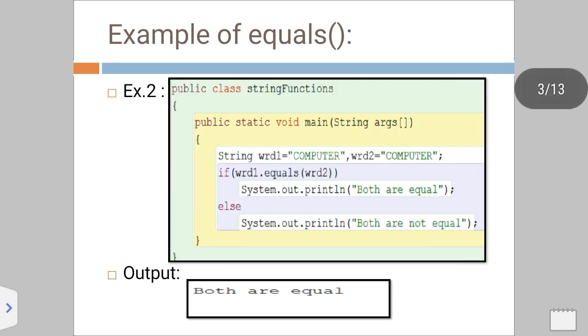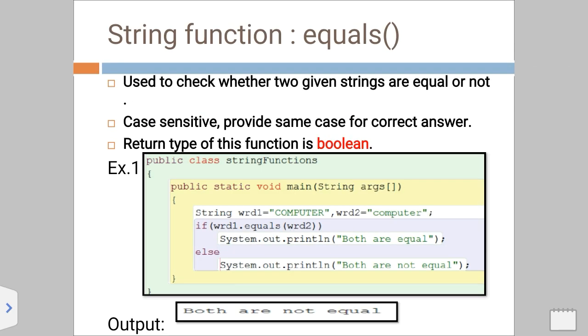See, it provides us both are equal, which means this is a case sensitive function. If I am writing computer and computer both in uppercase, then it provides us both are equal. If we are providing uppercase and lowercase, then it provides us both are not equal.